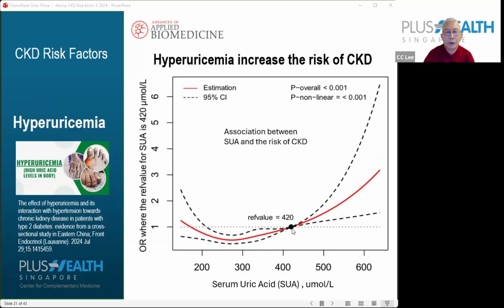As the uric acid level increases in your blood, the risk of CKD also increases proportionally. You can see from here, the red line is the mean, and the dotted lines are the possible range of the risk.